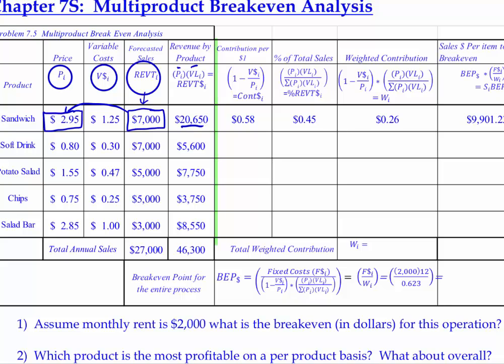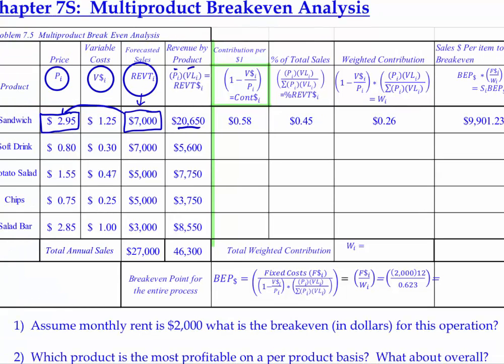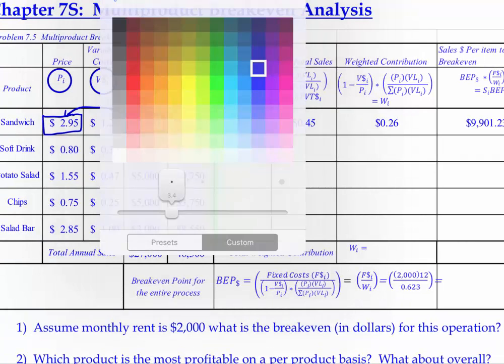The first computation we've got here is 1 minus the variable cost divided by the price. You'll remember that from the regular single product break-even analysis. Here this is going to tell us our contribution for this product.